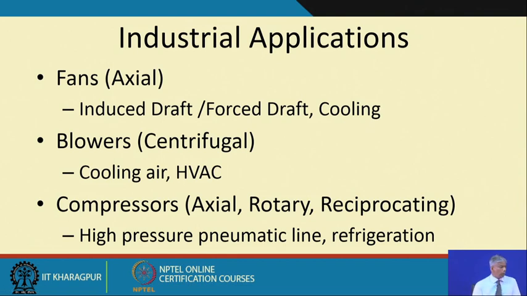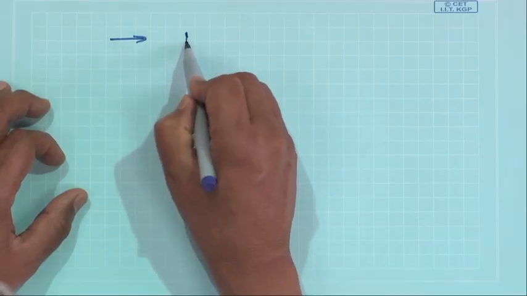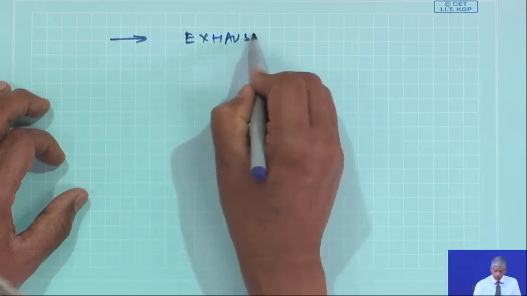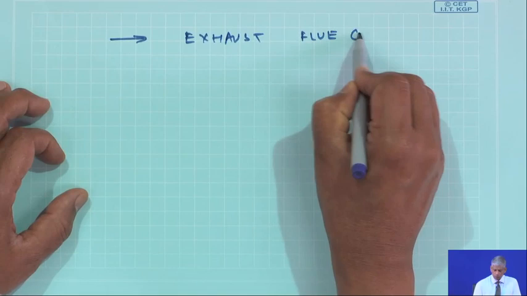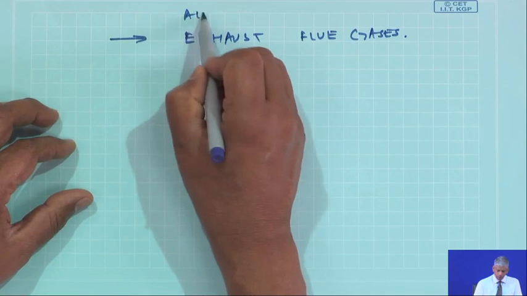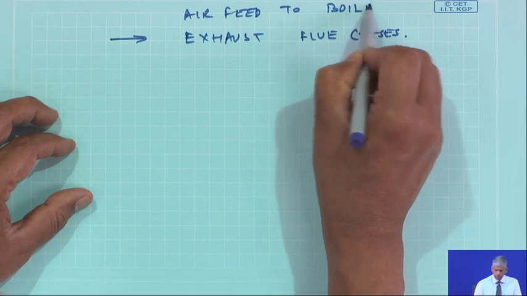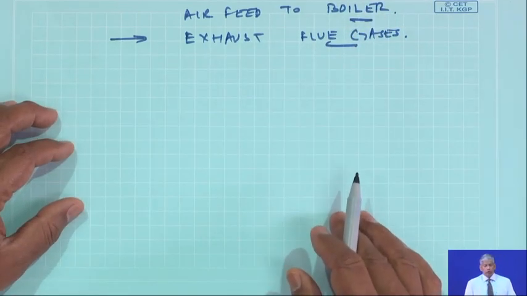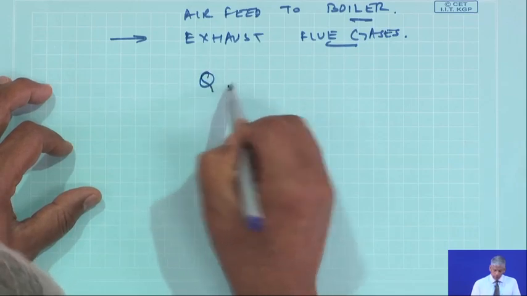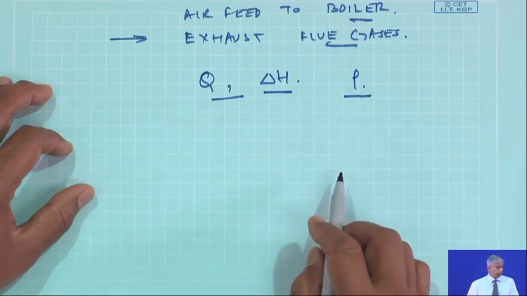Particularly in power plants, you will see these kinds of fans which will blow in air, suck in air to the boiler and then exhaust out the flue gases, and the air feed to the boiler, etc. So, you require fans of a particular flow rate, particular pressure head, handling a particular density of the fluid.